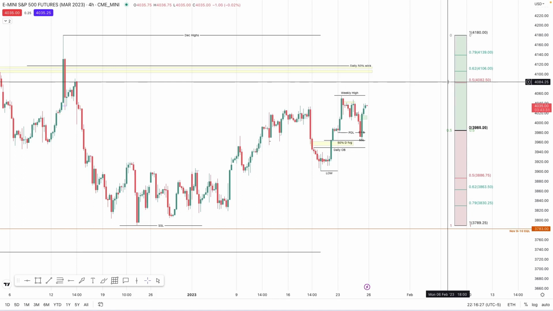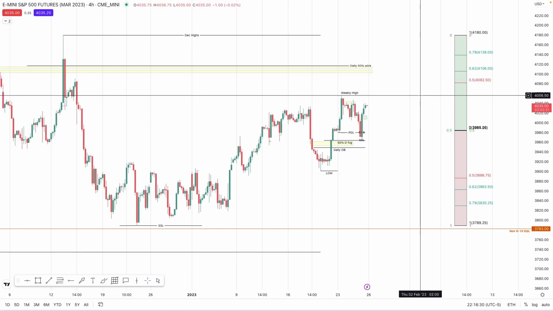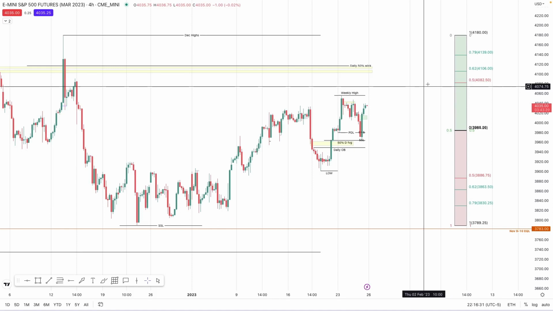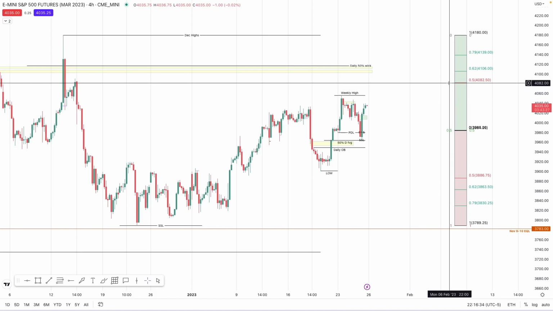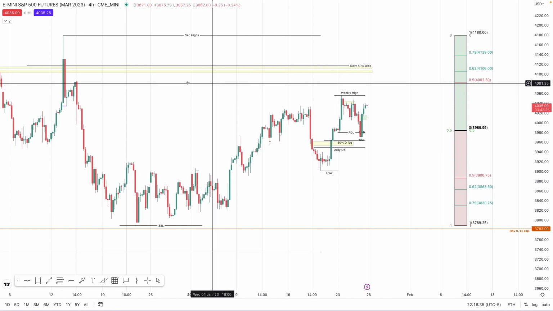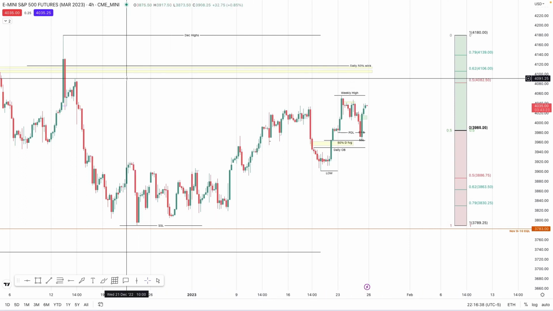What we have is our weekly high. So anything above that is going to be targeting here, and then we have this swing high right over here. So right at 40.91.25, which puts us in between the 50 and 62% retracement.